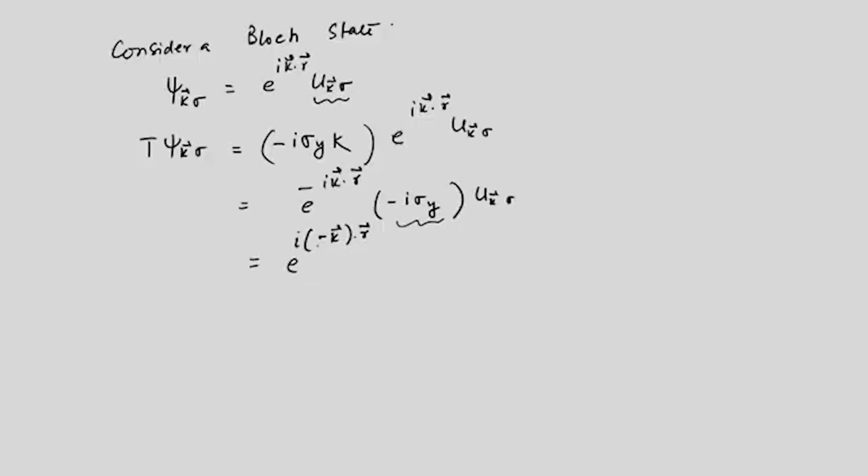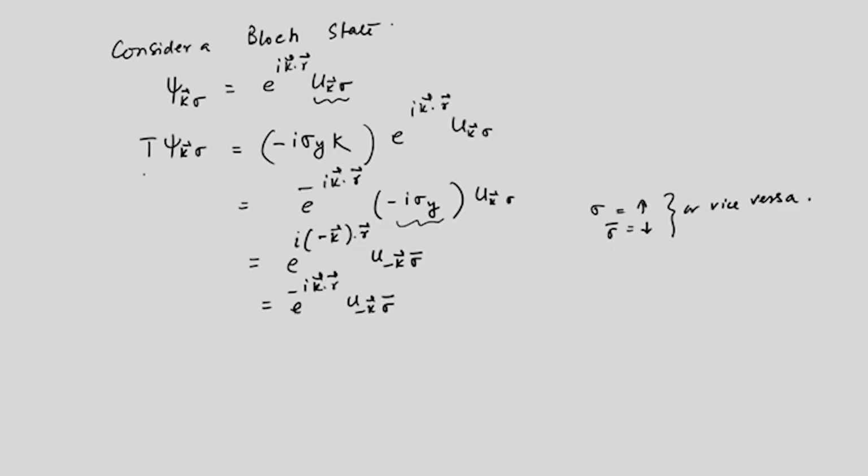And because this looks like a minus k, this becomes equal to exponential minus i k dot r and a u minus k sigma bar.